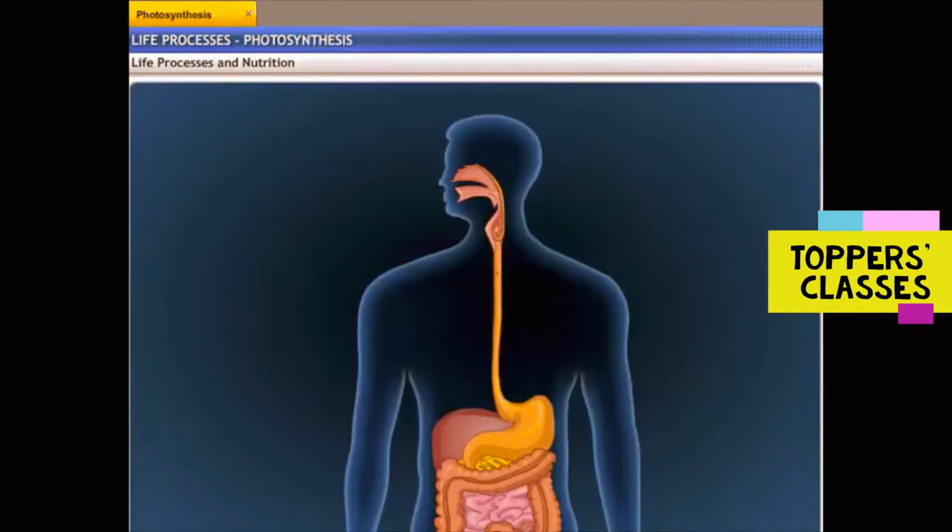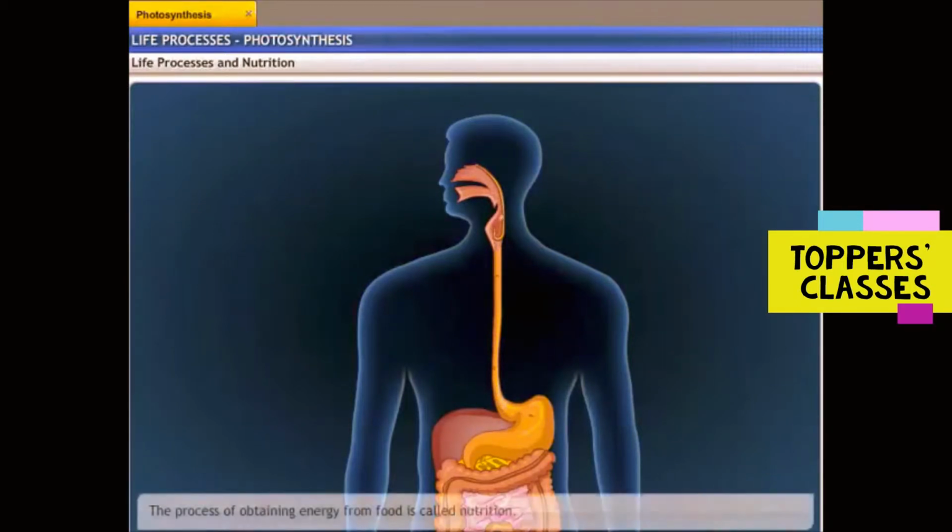In order to perform these life processes, living organisms need energy. This energy is obtained from food. This entire process of obtaining energy from food is called nutrition.